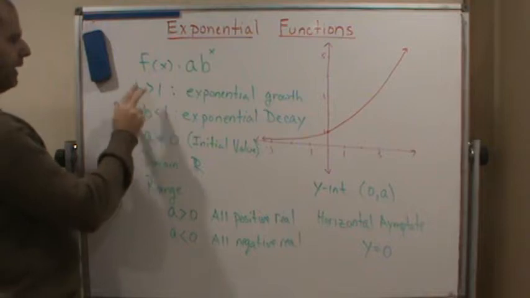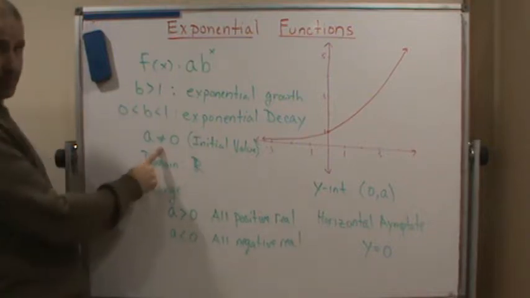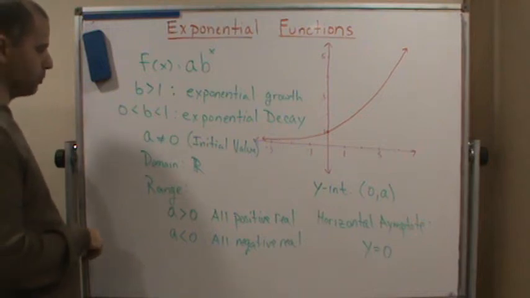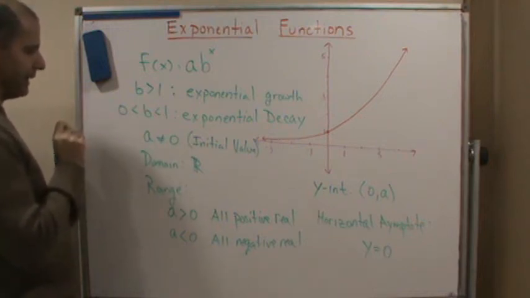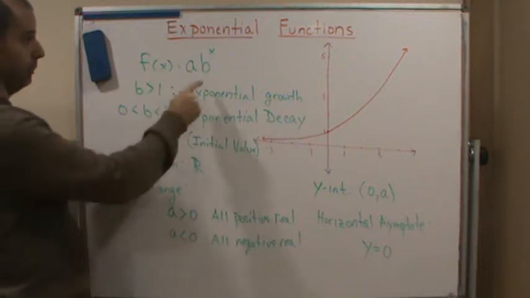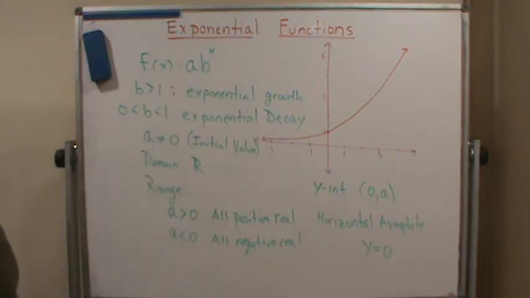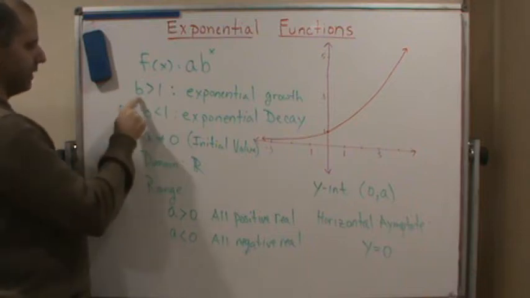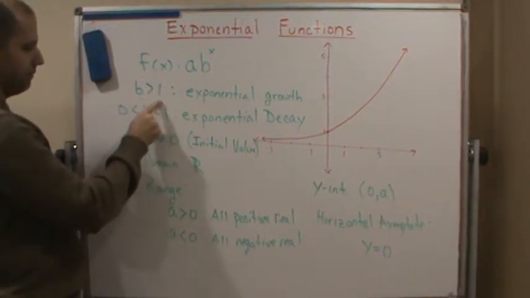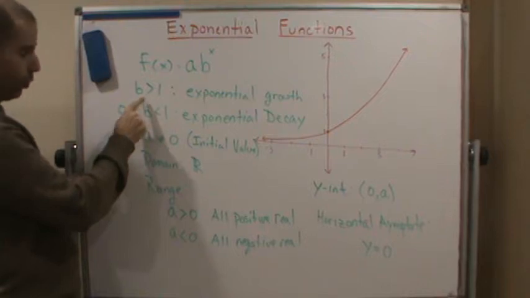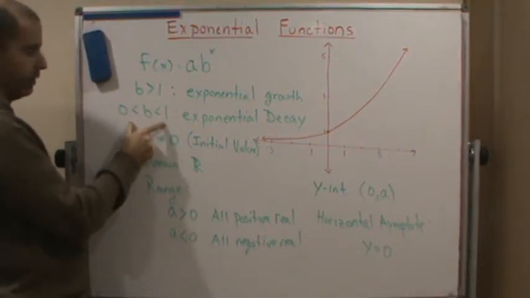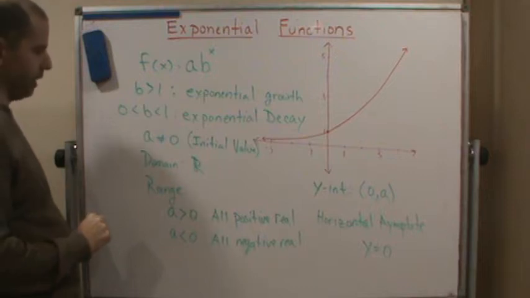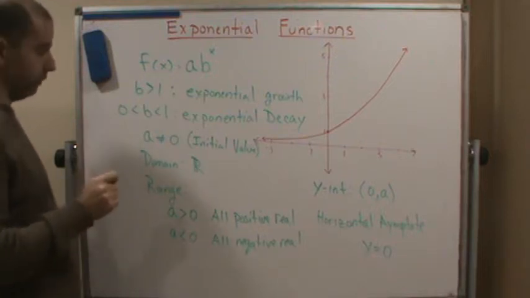Now, a can be anything except 0, because for obvious reasons it won't be an exponential function anymore. b can't be 0 either, because again we won't have an exponential function anymore. But b can be positive, bigger than 1, or positive between 1 and 0.